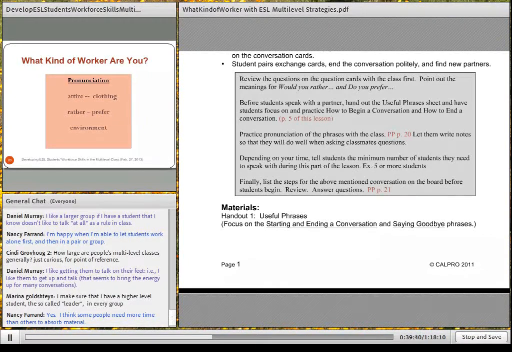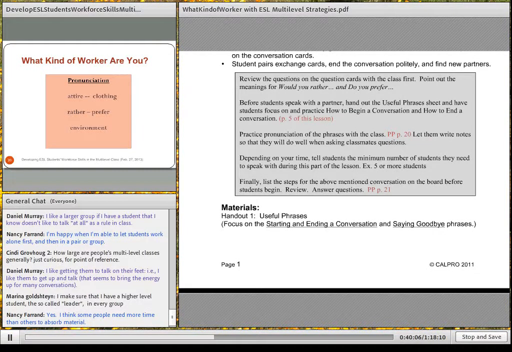I asked students to circle new words on the questions, and they came up with these 3 words: attire, rather, and environment. They wanted to know how to say those and what they meant. Of course, attire was brand new. Some of them knew rather, and they know prefer. Environment, it's not that they didn't know it, but they weren't sure how to say it.